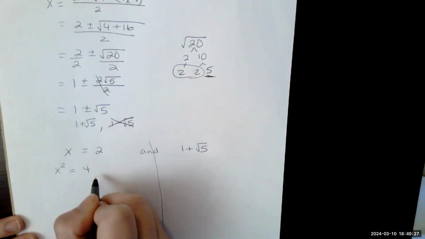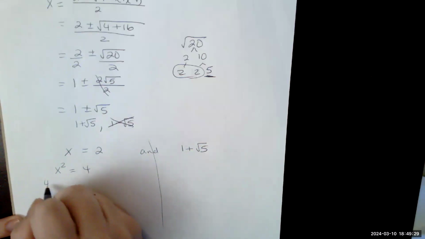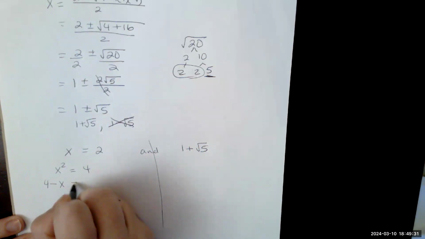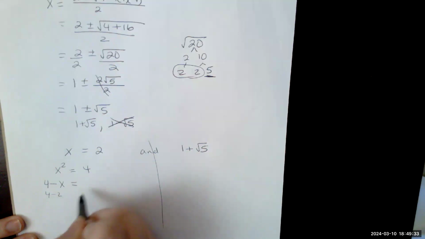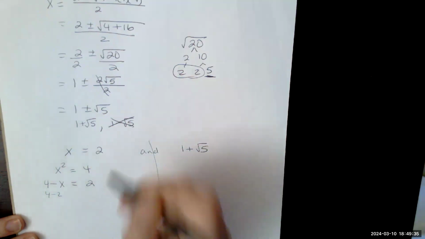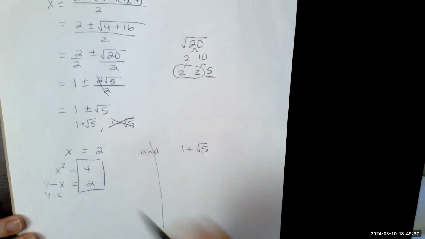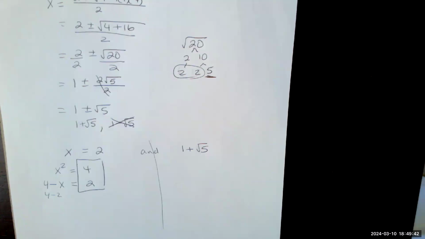So that would be one of my dimensions. And what would 4 minus x be? 4 minus 2, which is 2. So one option for my dimensions is 4 and 2. And that makes sense because that would give me 8 as the area, right? 4 times 2 is 8.